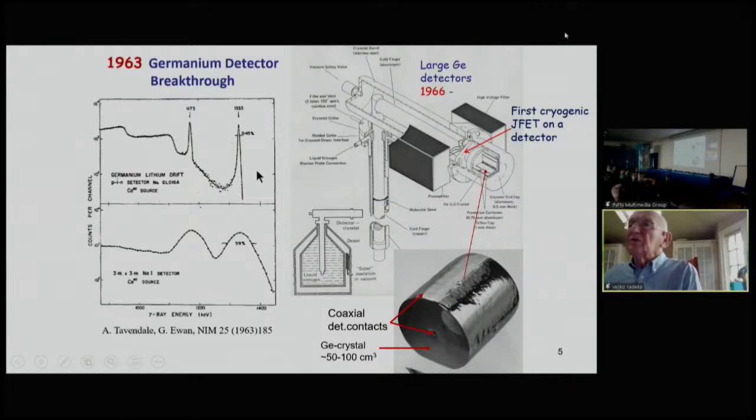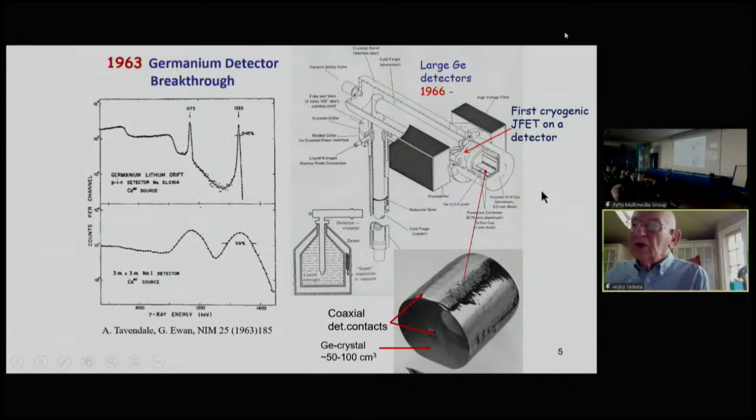Almost immediately there was a flurry of activity on germanium detectors. So 3 to 5 years later, coaxial germanium detectors were made with sizes up to 100 cubic centimeters. And this shows you already the cold finger cryostats that are used with such detectors.